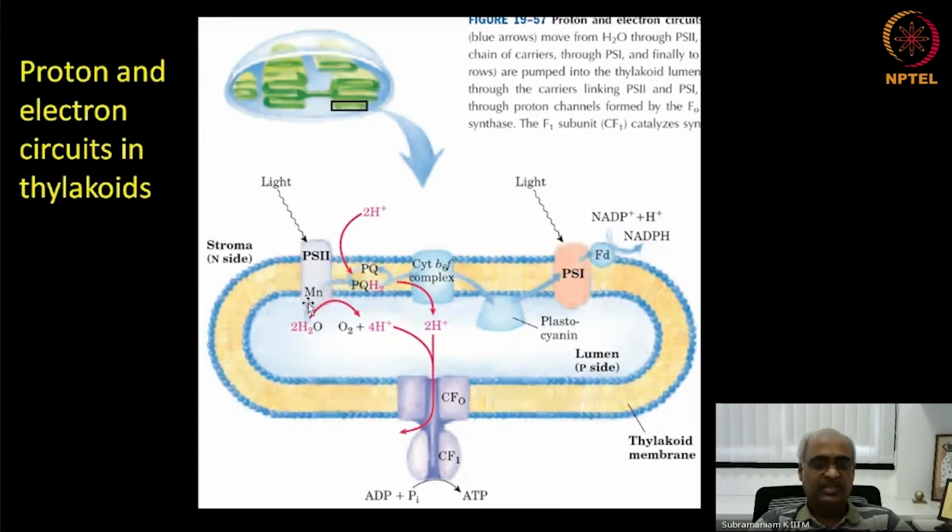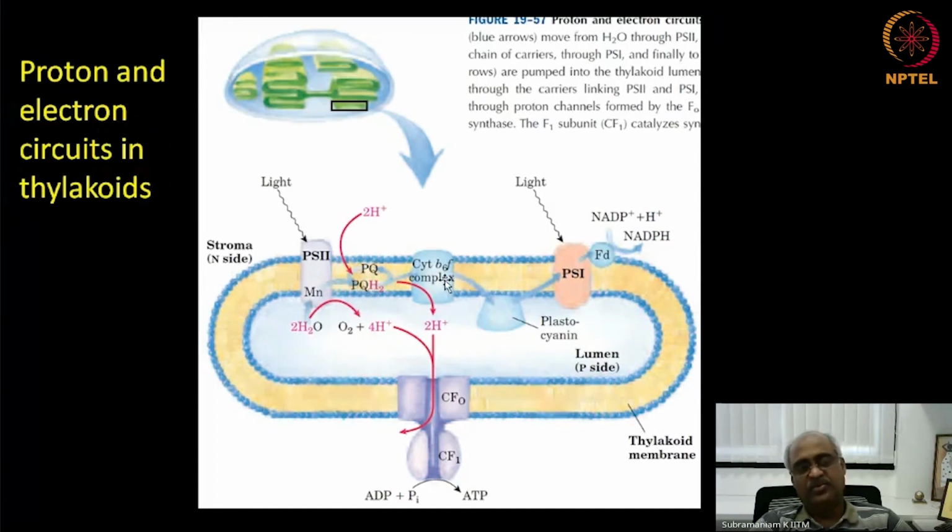This cartoon is actually a summary of whatever we have learned. You have the light reaction, the light exciting the antenna, all that we know here. And from here, you have the B6F pumping protons in, and this is the water splitting complex itself, producing protons and evolving oxygen.